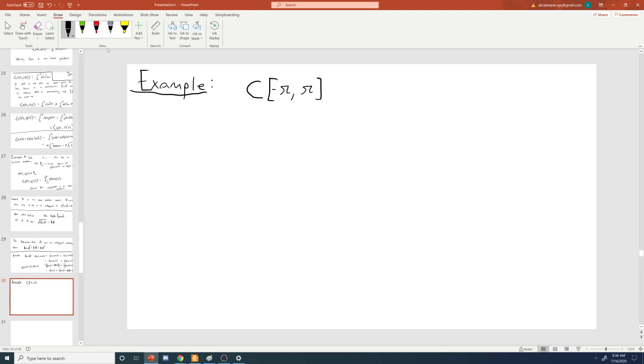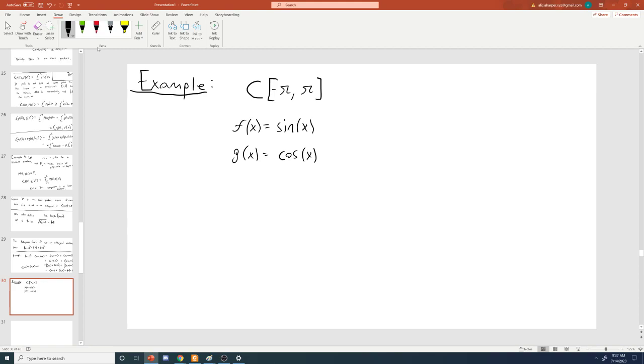And I'm going to look at two functions in here. My first function, f of x, is going to be sine of x. My second function, g of x, is going to be cosine of x.